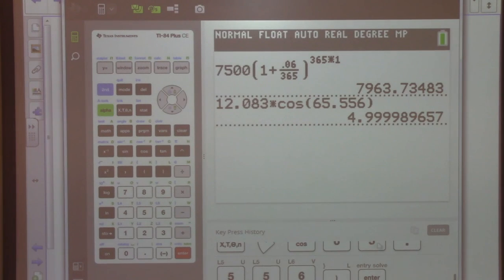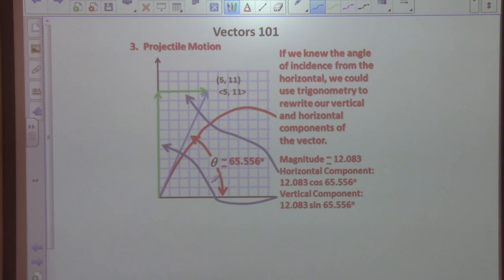In fifth period I put this in the calculator to see if that was right. So 12.083 times the cosine of this angle is equal to 5. And so that's how you can deconstruct it.